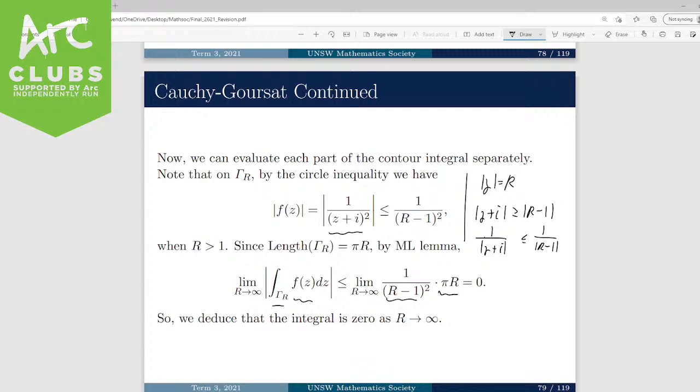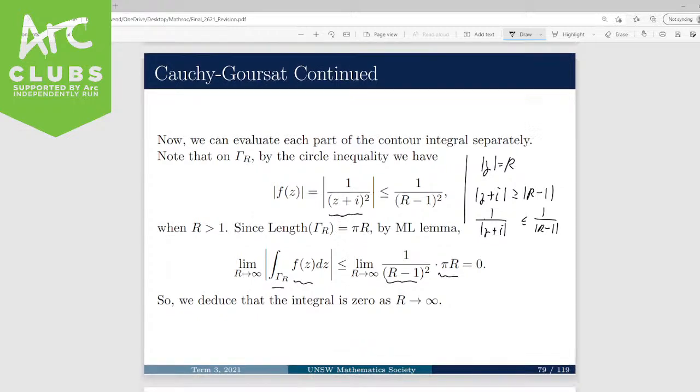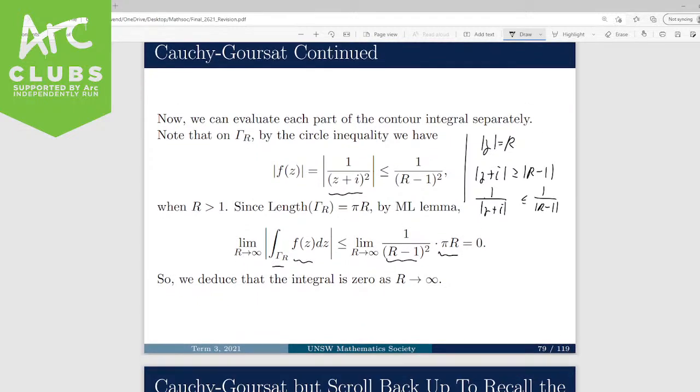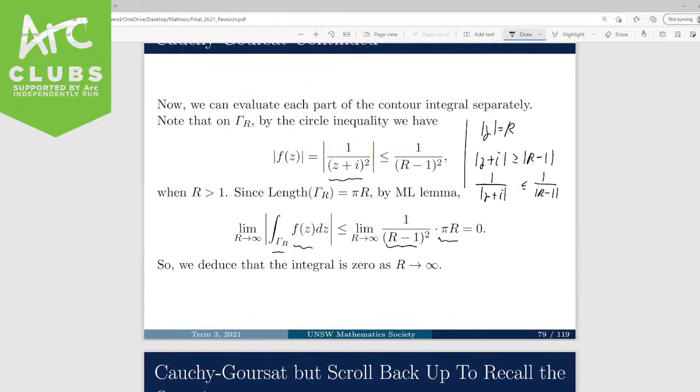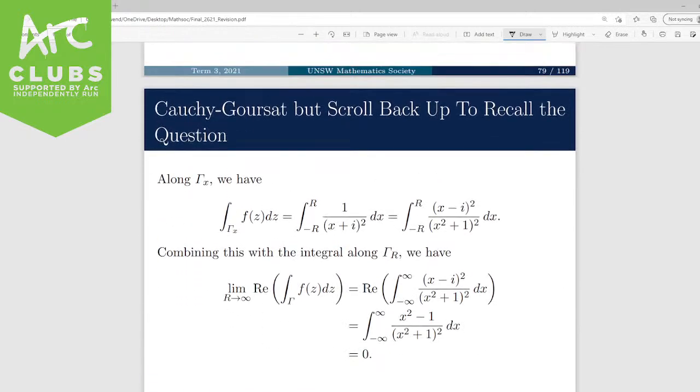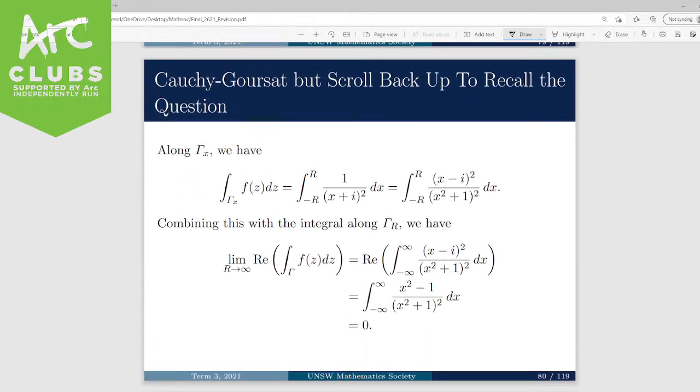And when you make r shoot off to infinity, that pi r over (r minus 1) squared actually just heads off to 0. So that's really helpful for you, because you're only really interested in that gamma x, right? You didn't really want that gamma r. But yeah, that goes off to 0. So your integral must go to 0 as r goes to infinity. So life is really great, because the upper bound is 0, so the integral's got to be 0.